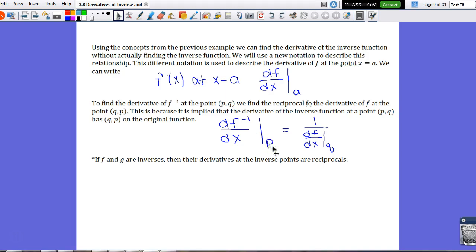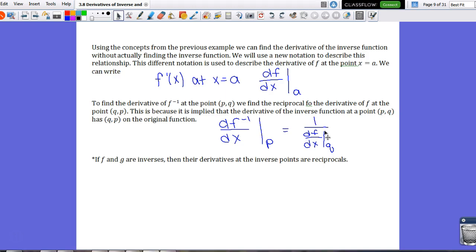So the x value of the inverse is the y value of the original. Does that make sense if you think about the point (2, 9) and (9, 2) from the previous example? So this point P represents the y value of the original.